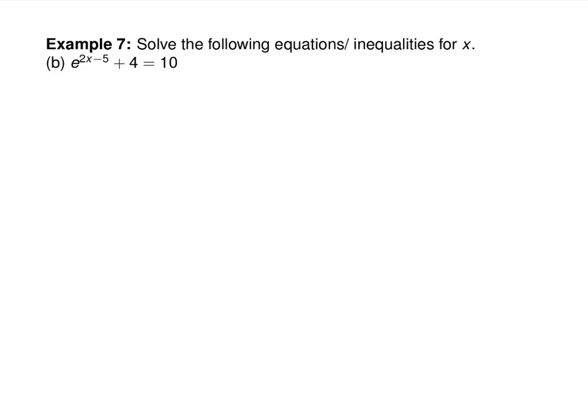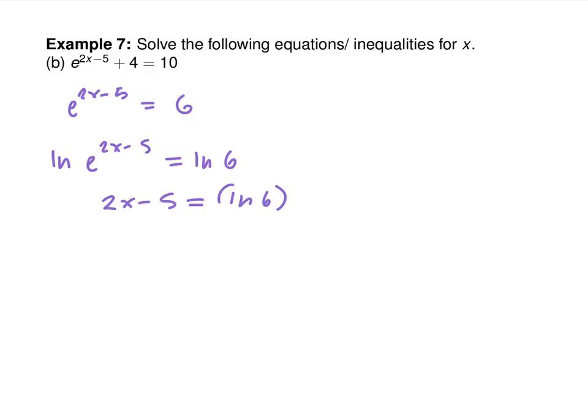Okay, this one. First step, subtract 4. Now what do you apply to undo e? So 2x minus 5 equals ln 6. And that's just some weird number, so you've got to ln it for anything else, but just leave it alone.